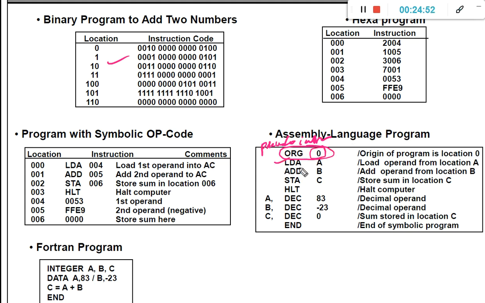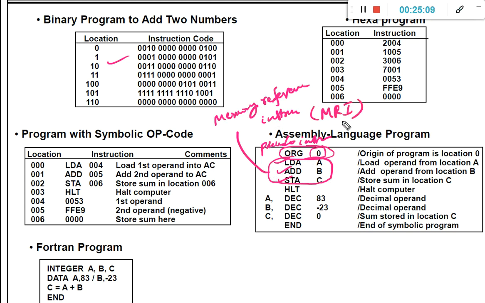LDA A, ADD B, STA C: these three are memory reference instructions, known as MRI instructions. Because we are using direct address, we have not specified any I symbol. If you use indirect address, then you have to specify the I symbol. Similarly, coming to the halt, HLT.